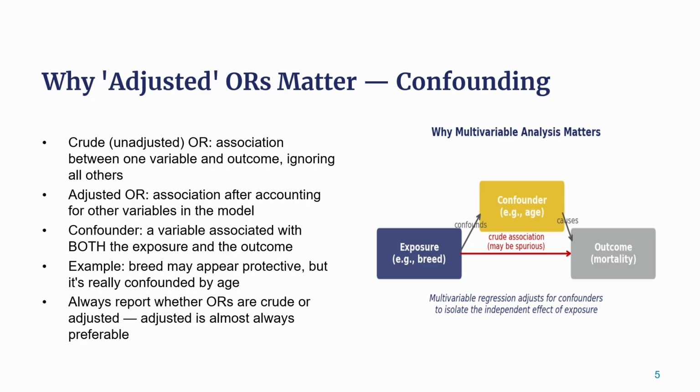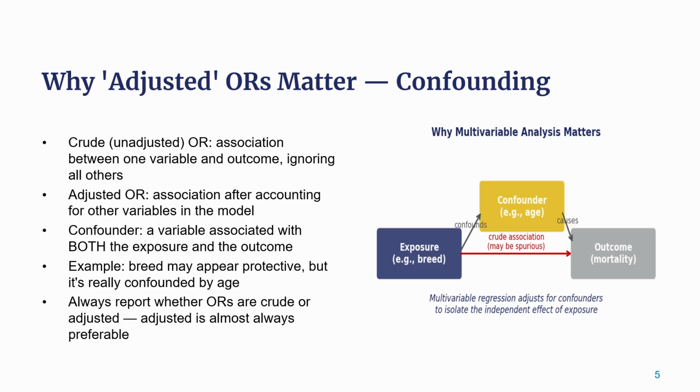Imagine a study finds that Great Danes have higher GDV mortality, crude odds ratio of 2.8, but Great Danes are also older on average and more likely to present in shock. If you don't adjust for age and shock status, you don't know whether it's truly the breed driving the mortality or the confounders.